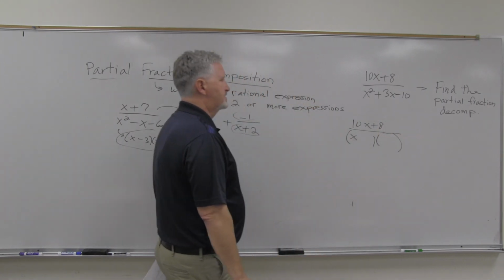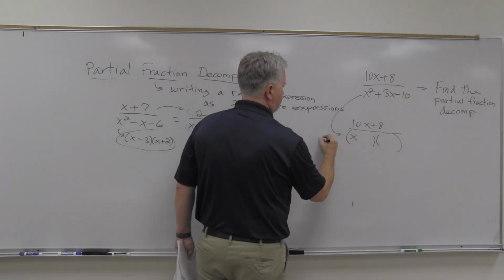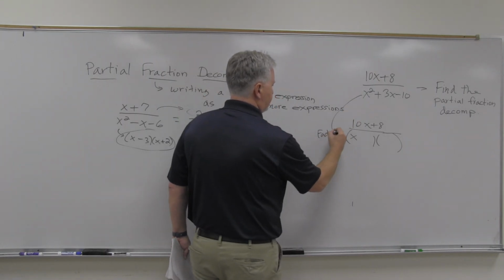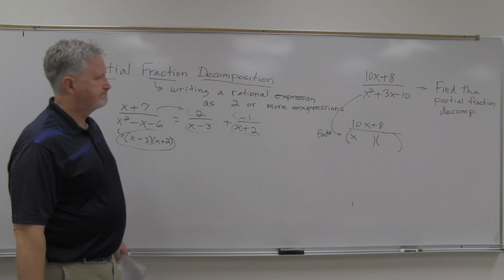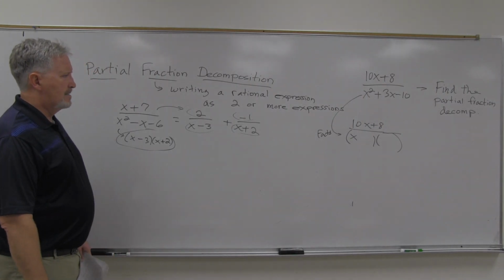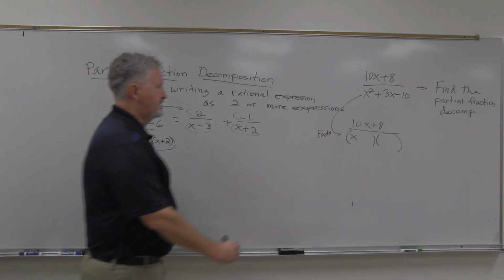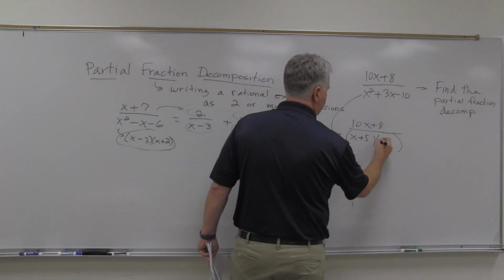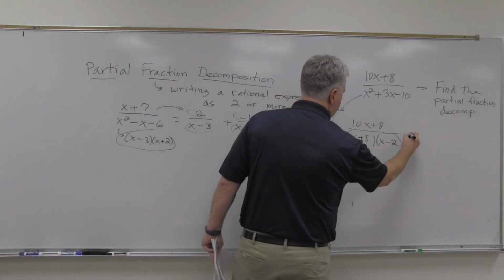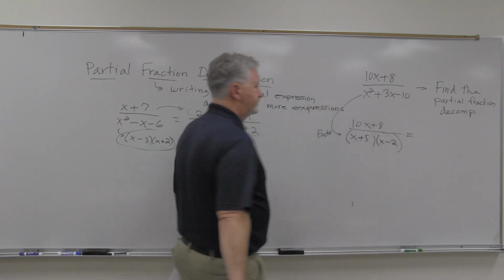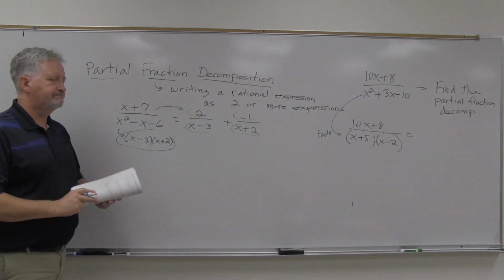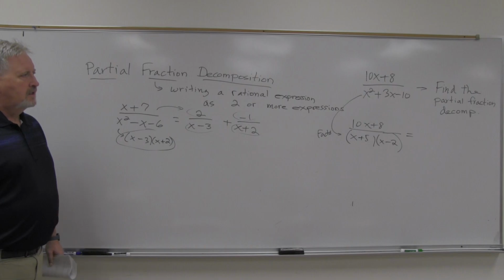So x squared plus 3x minus 10, factor that out. It's x plus 5 times x minus 2.